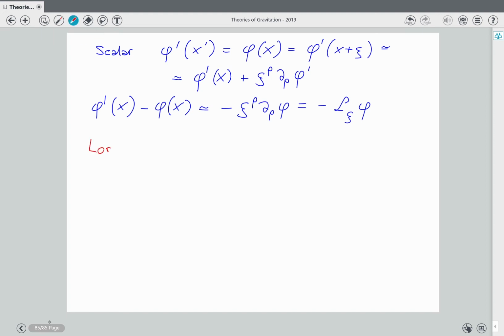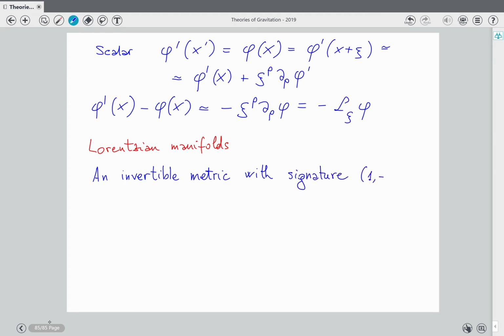Lorentzian manifolds. We assume that there exists a metric, it's assumed, an invertible metric, so it's everywhere invertible, with signature one minus one minus one minus one. 4 dimensions, or whatever dimensions you want, is assumed.